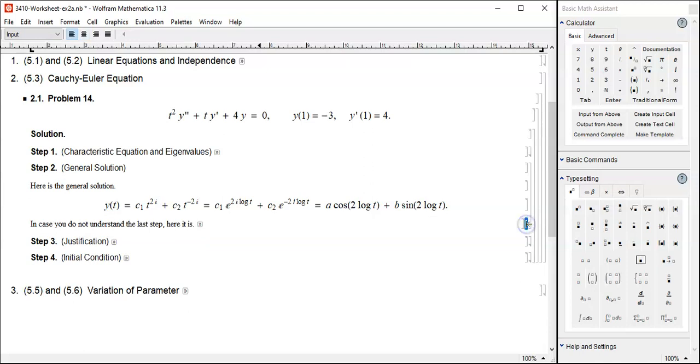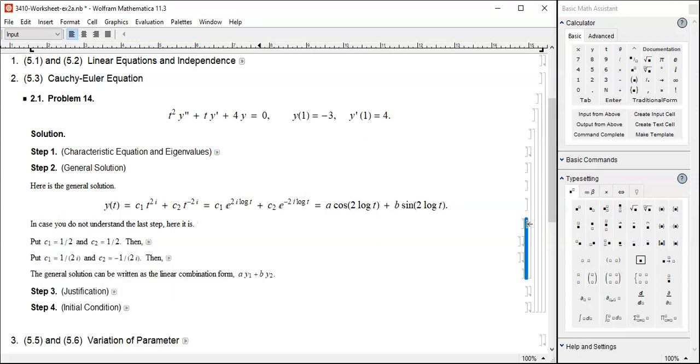So here we go. In case you do not understand the last step, here it is. And this kind of thing may very well be a separate exam problem, not directly related, or perhaps within that problem as a separate part. There can be many ways. Let's consider selecting specific values for C1 and C2, and strategic numbers are 1/2 and 1/2 respectively.